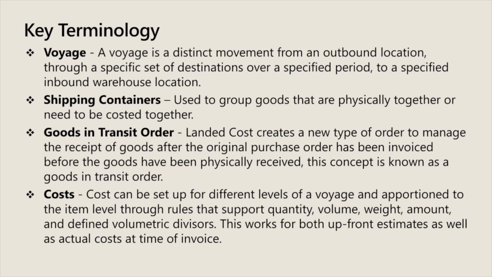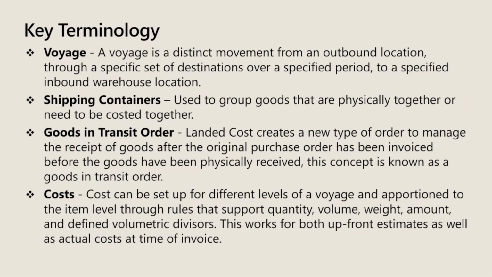Next point here that I mentioned on the previous slide is what we call those goods in transit orders. So that's a new type of order in the system, as I mentioned. So now as you place or as you invoice those purchase orders, before you physically have them, if you need to take ownership anywhere along the lines, again, depending on your delivery terms or your Incoterms, you could take ownership anywhere along that transit, the story that I showed earlier.